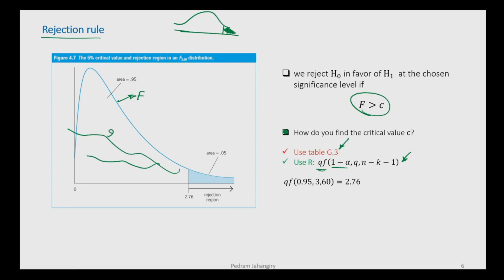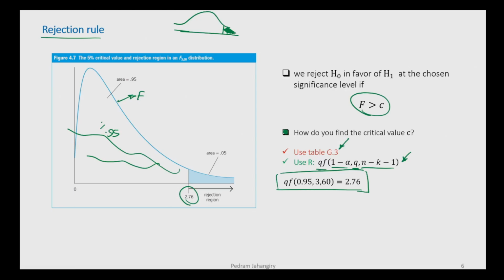The degrees of freedom of the numerator, which is the number of restrictions. The degrees of freedom of the denominator, which is n minus k minus 1, the degrees of freedom of the unrestricted model. If you type this in R, you will get 2.76. So this is where the 2.76 is coming from. This is the critical value when alpha is equal to 5%.